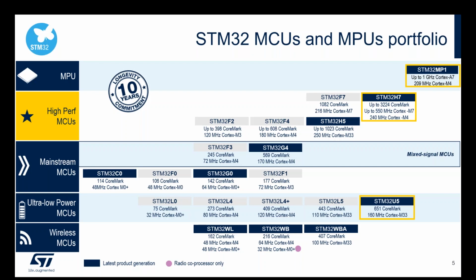And lastly, the MP1 series, Cortex-A7, supporting OpenGL-like applications. Of course, these are not the only ones capable of running graphics, but they cover most of the needs we see out in the field. All excellent products for running smartphone-like GUIs with Altia on top.